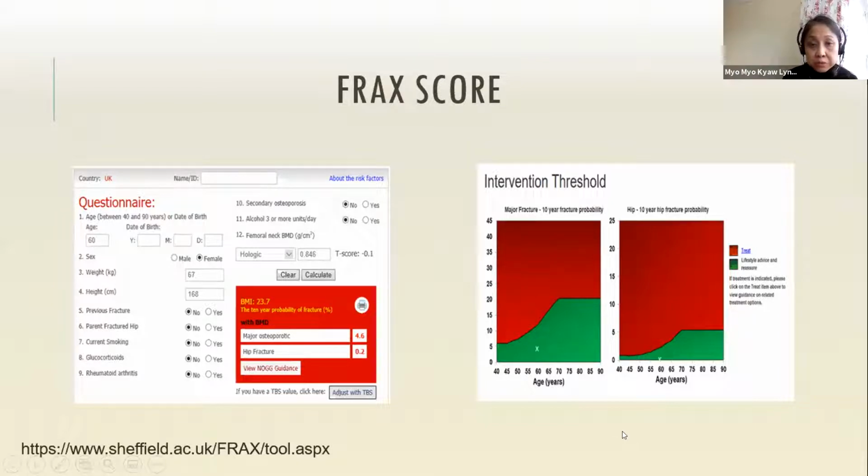So which is more or less straightforward. And if it comes up in the green color, then you don't need to treat this. You're confident with that. But sometimes there is a yellow color, which we call the gray area. So this is the area that we have to concentrate on, whether we really need to treat the patient or not. It also depends on the patient's clinical risk assessment, as well as the clinician's clinical judgment.